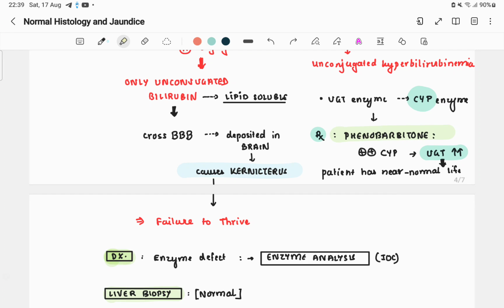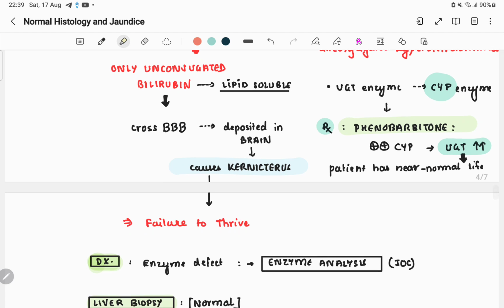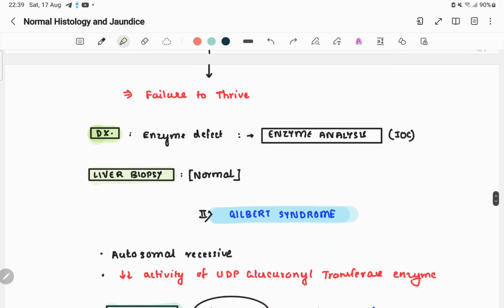If you have read pharmacology, you must have heard that primidone gets converted into phenobarbital. That is a pharmacological aspect, I will not go into that. It activates the CYP and increases the UGT, and the patient will live a near normal life. But in type 1, the patient will fail to thrive.